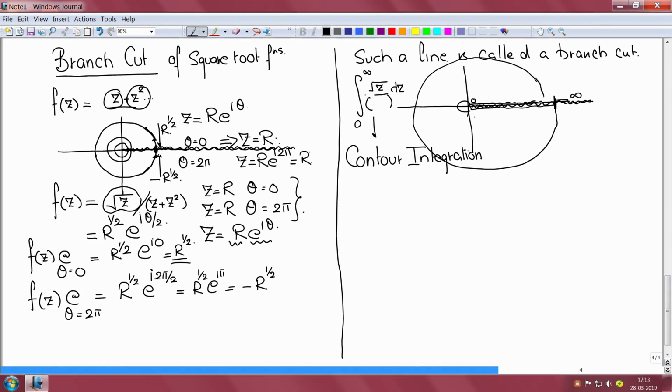So we will see now the next level. This branch cut extends between 0 to infinity. The next type of branch cut is between two finite points and is called a finite branch cut.